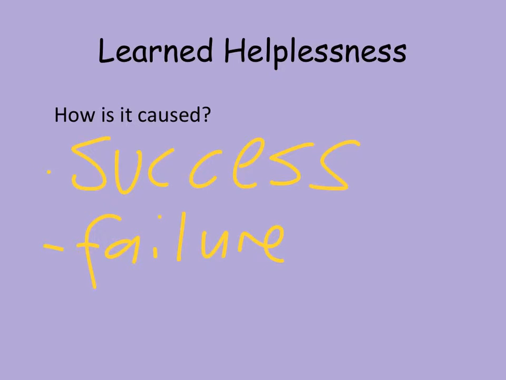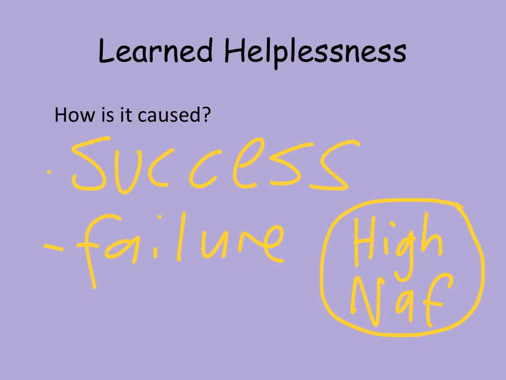This links a little bit to the high NAF performer. So from achievement motivation, think of the person who would likely get into learned helplessness, what attributions they would make in success and what attributions they would make in failure that would cause learned helplessness.